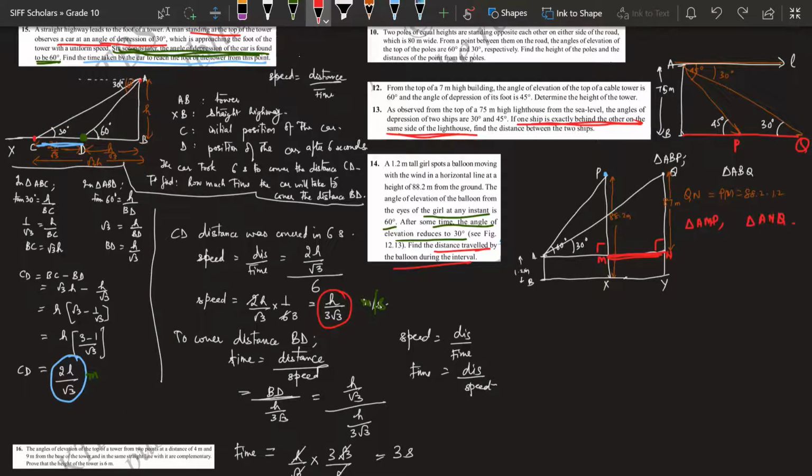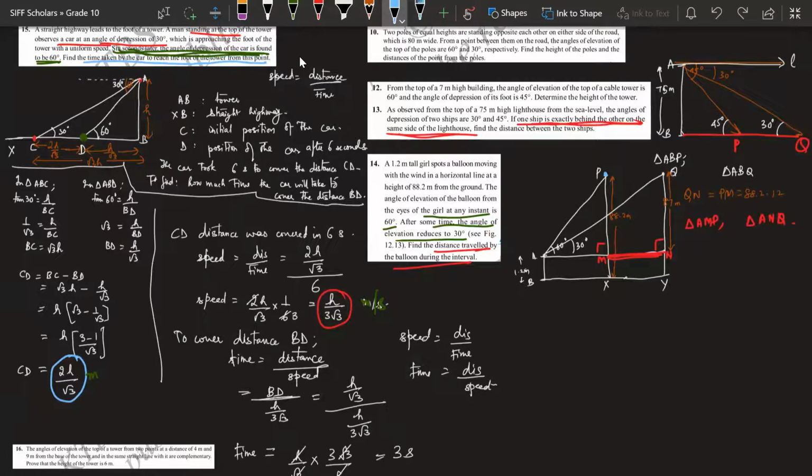Once we got that, what we thought was, now we have all distances in terms of h. Suppose h is 20, you can find all distances, no? Suppose h is 50, you can find all distances, no? Suppose the tower is 100 meters high, you can find all distances, no? Because all these three distances are in terms of h only, right? Whatever CD is, you put 20 in place of h, 30 in place of h, it does not matter.